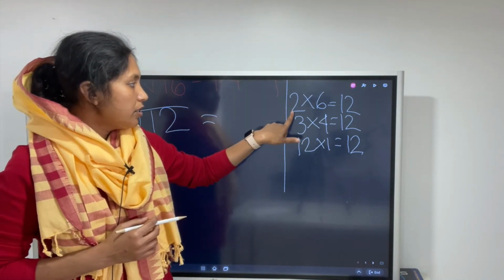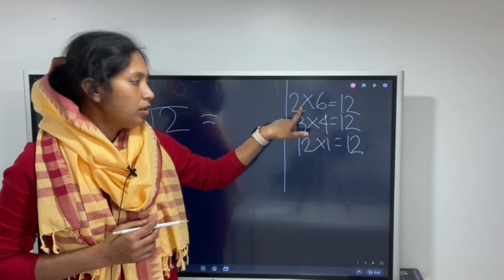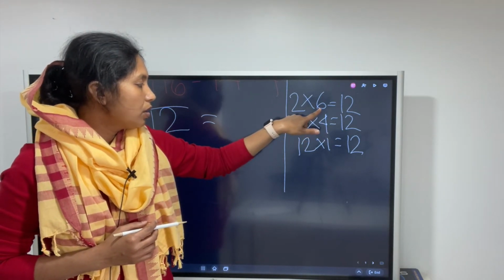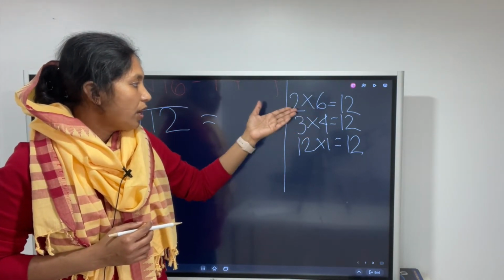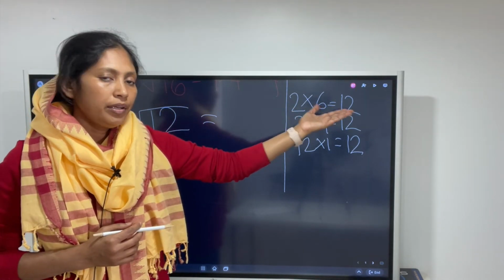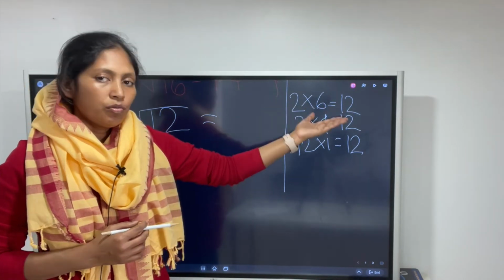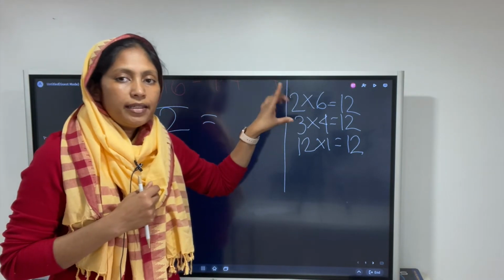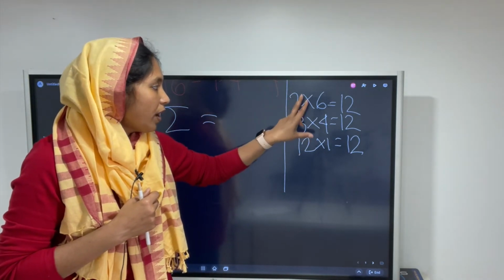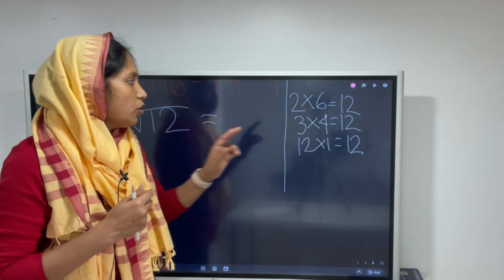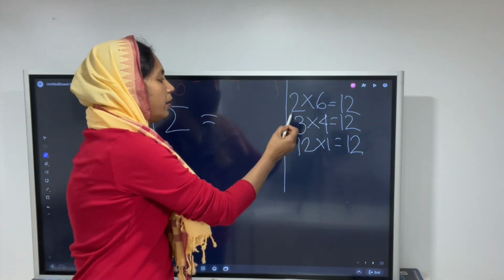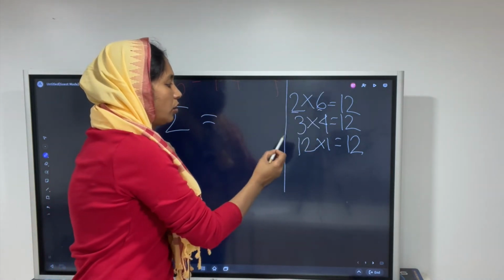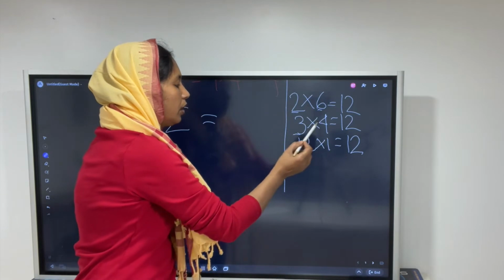Like you see, there is 2 and there is 6. So you cannot use them because you're not going to get two identical numbers to get 12, right? So in these 3 cases, you have to find which one has a perfect square. We're not going to get a perfect square for 2 or 6. We're not going to get a perfect square for 3.